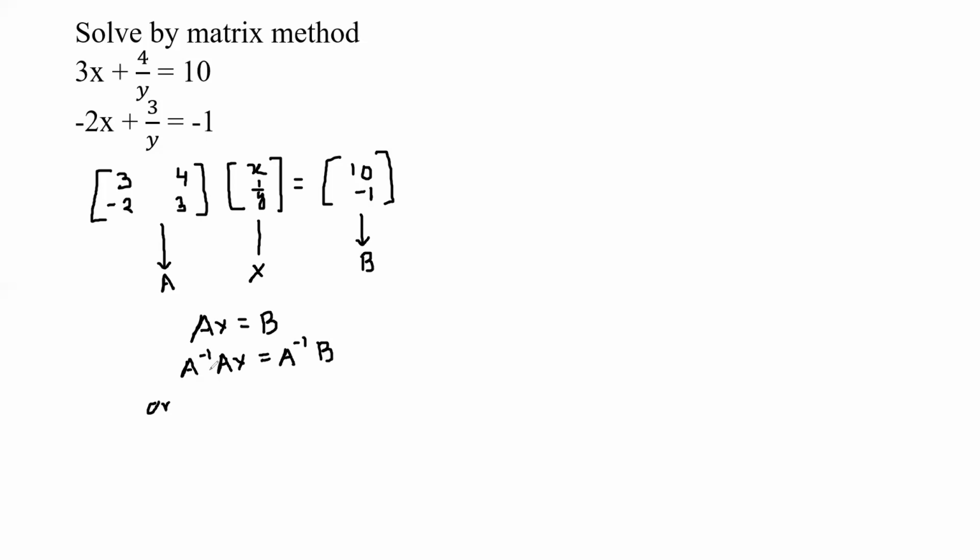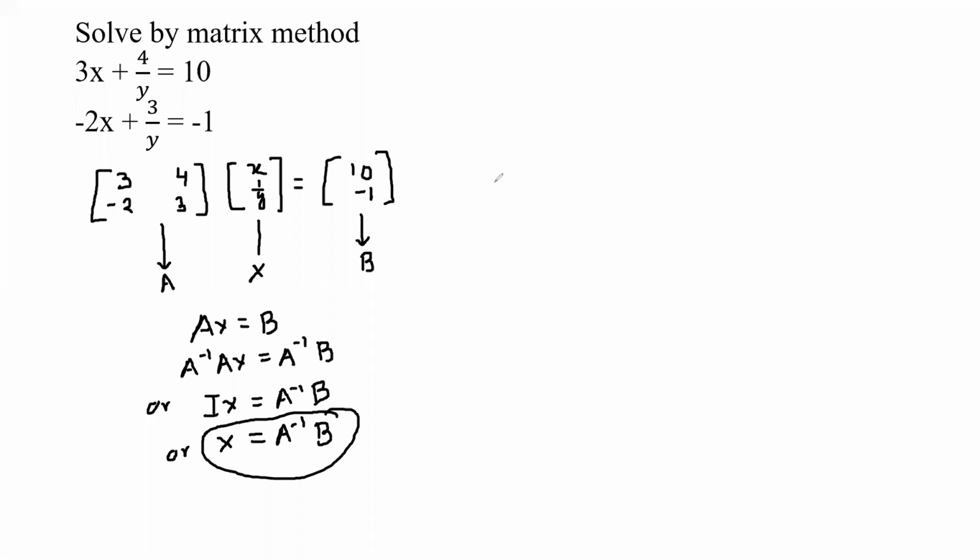When we multiply A inverse and A, we get the identity matrix, and the identity matrix times X gives just the X matrix, which will be equal to A inverse B. So we got a unique solution of X.